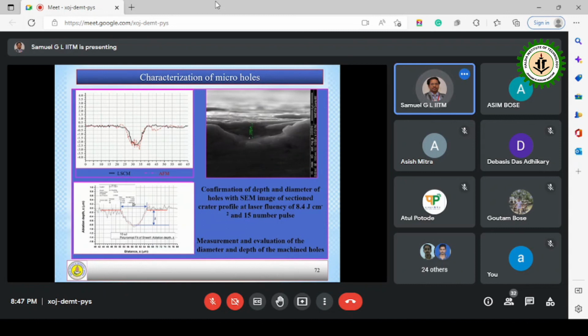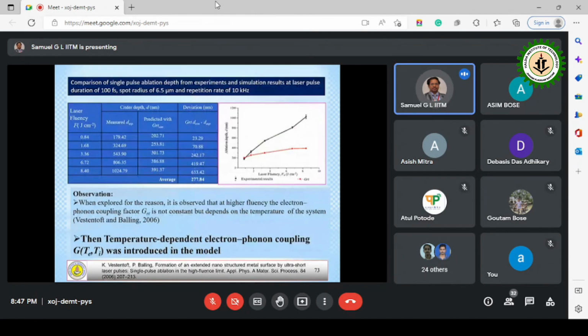Then we tried to stop exactly at the middle and take the images. It was not possible with one, but we took several images. This is where you could exactly see the depth of the micro hole which we produced. So this is called characterization.